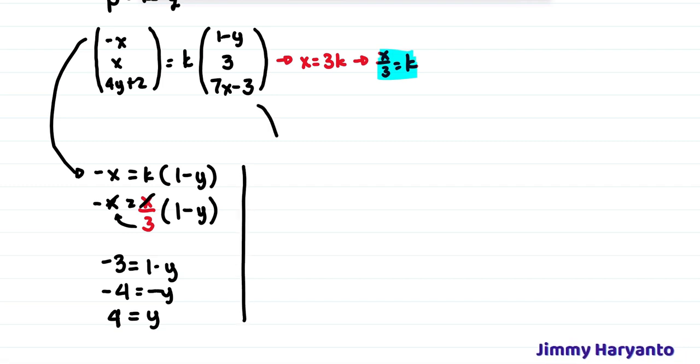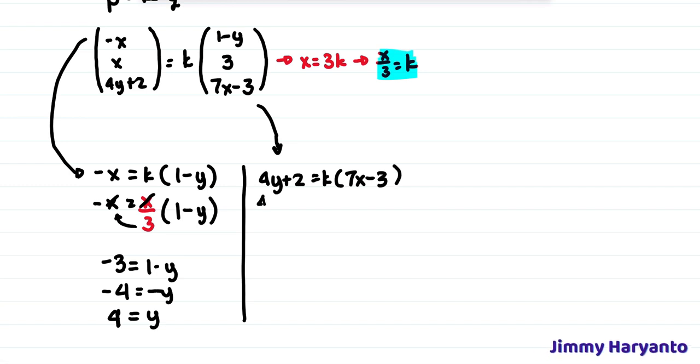And then next is to use the third component, which is y plus 2 equals k times 7x minus 3. And then what you do is replace the value that we already have, which is y equals 4, so 4 plus 2 equals k.